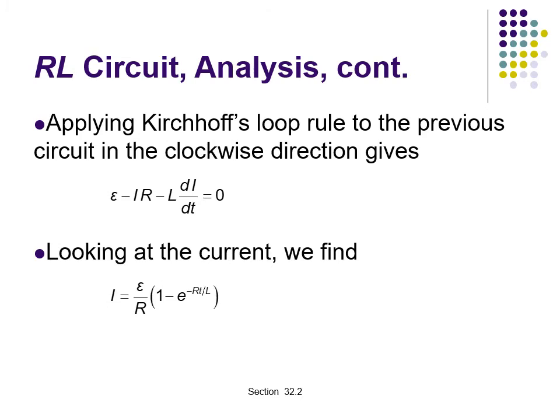So as you go through and you do that, you're going to come out with the equation that's at the bottom here. And you'll see that this time it's negative.